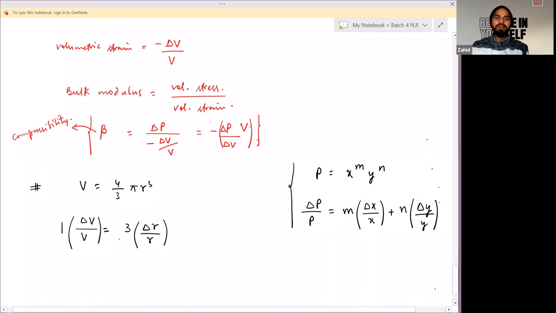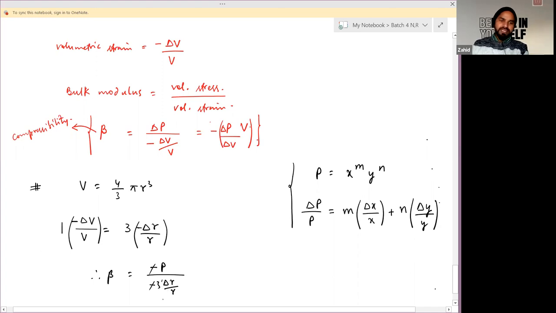Now, if you put this value in the above equation, since volume is decreasing, here we'll have a negative sign. Similarly, in radius there will also be a negative sign. So beta will be equal to change in pressure, or simply pressure, divided by delta V by V, which equals 3 times delta R by R. So this minus and this minus will cancel out.